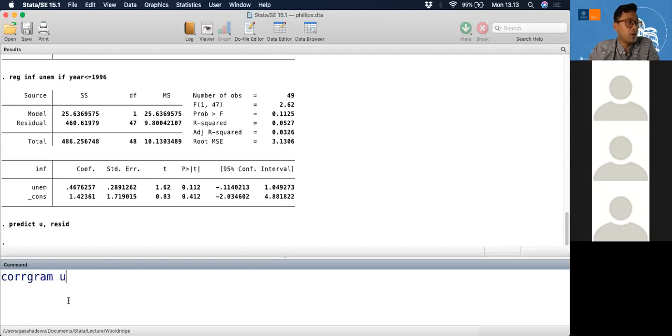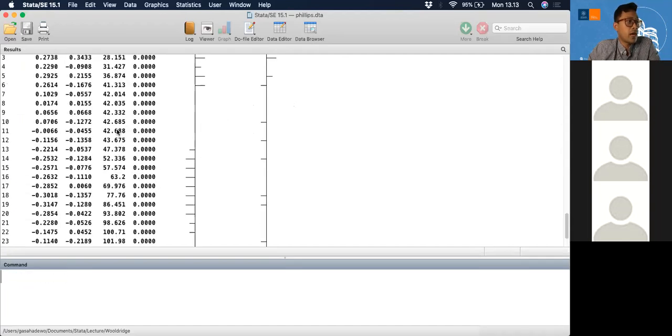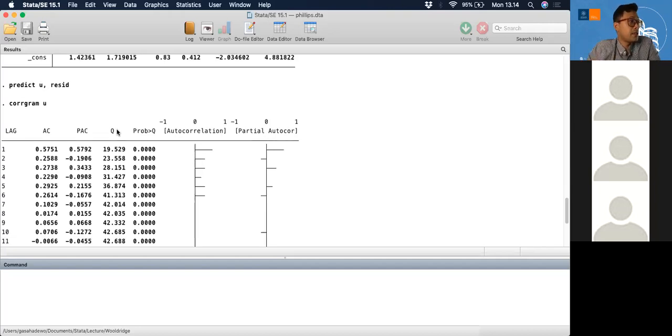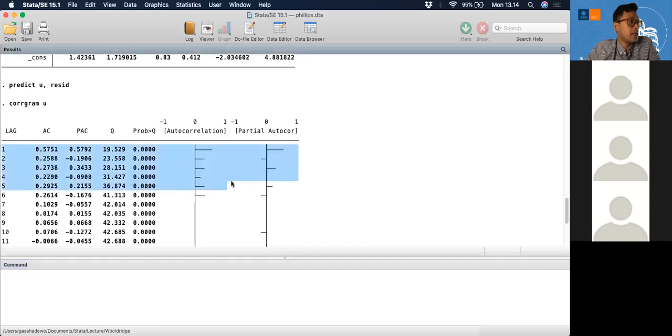If you remember from the correlogram analysis, you can understand the autocorrelation as well as the partial autocorrelation of the data. As you can see right here in this particular model, the residual has a relatively high autocorrelation. In particular, there is a high autocorrelation in the first lag.